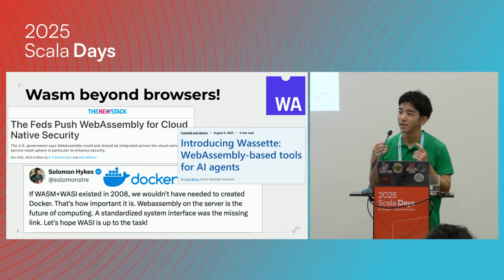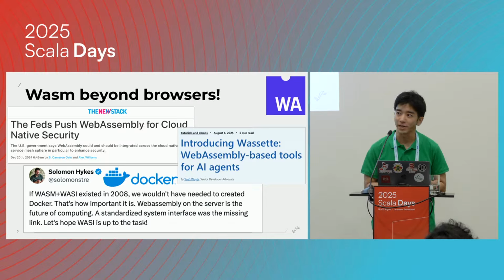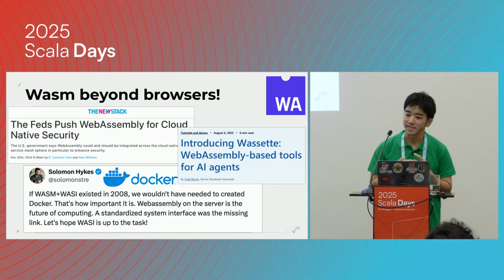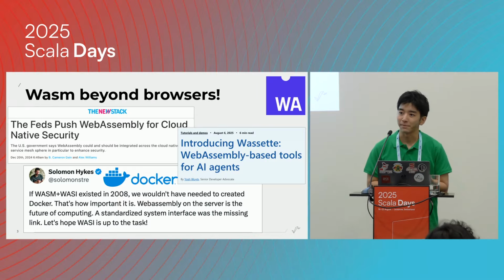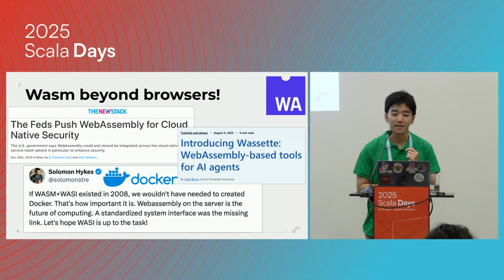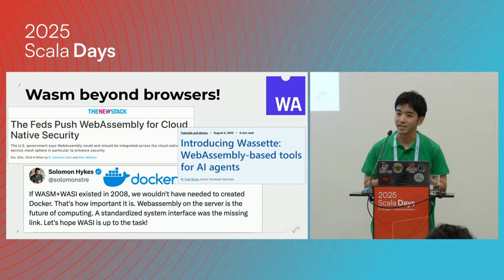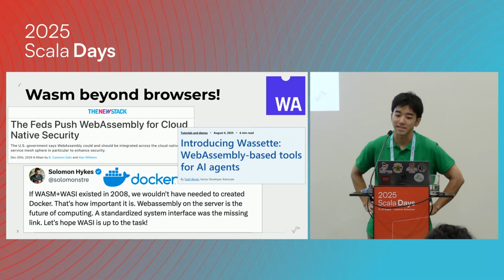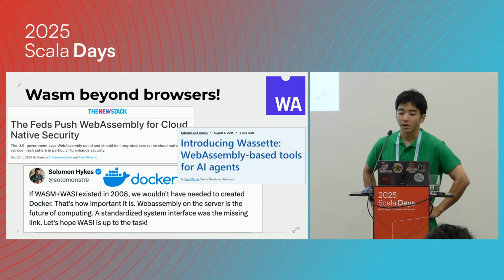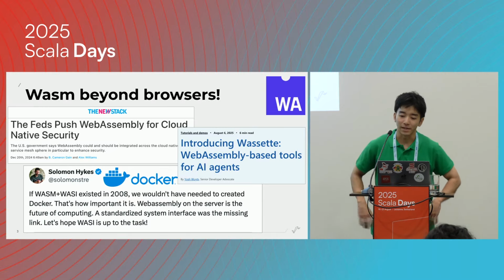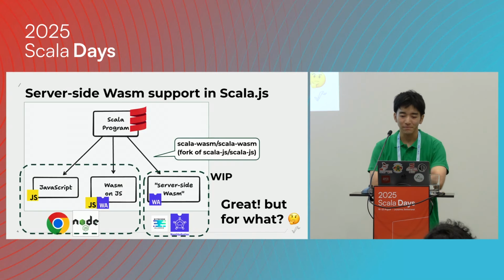For example, the US government is now pushing WebAssembly for cloud-native security, and Microsoft is releasing WebAssembly-based tools for AI agents, and the creator of Docker mentioned that he wouldn't have created Docker if Wasm and WASI existed back in 2008. So people are really excited about WebAssembly outside of browsers.